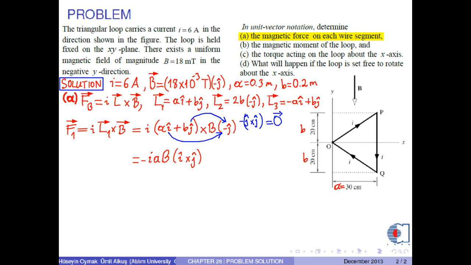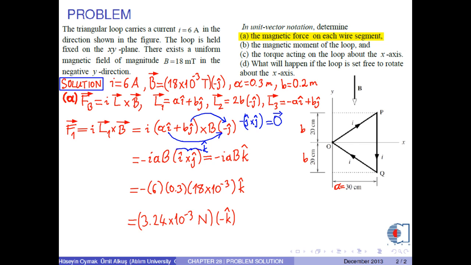We know that i hat cross j hat is k hat. Now we put the numerical figures into the equation. As a result, we obtain 3.24 times 10 to the negative 3 newtons with direction negative k hat. In the figure, it is shown inside the paper.